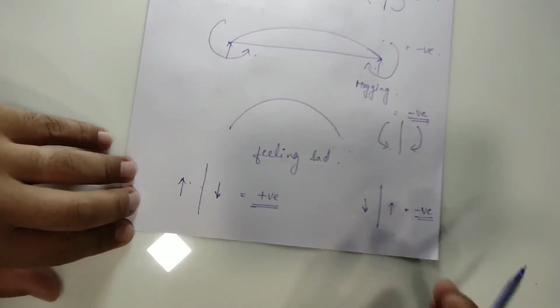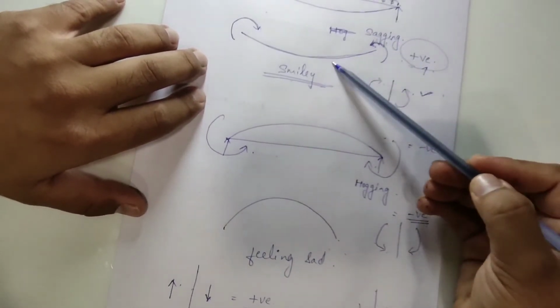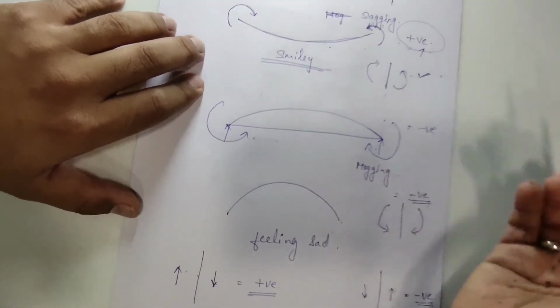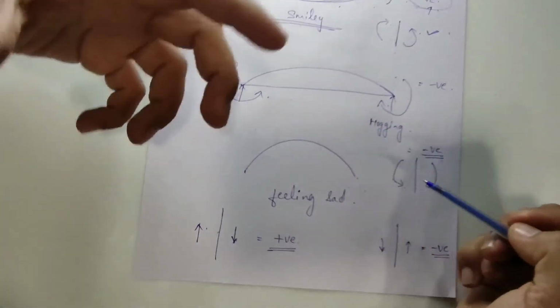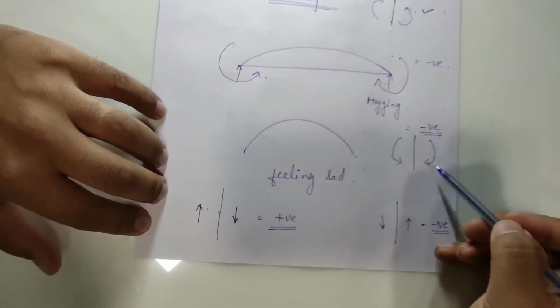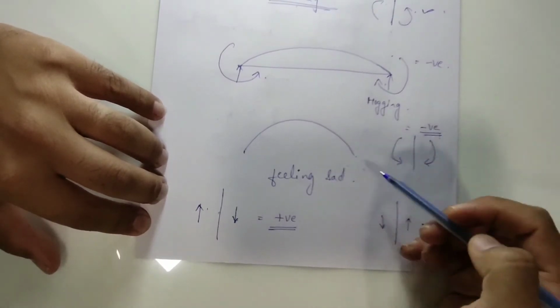So you just have to remember only this thing: sagging is a positive moment, and on the right hand side it is anti-clockwise, and from the left hand side it is clockwise, and hogging is a negative moment, meaning feeling like our sad smiley, which is created by applying the clockwise moment from the right hand side and anti-clockwise moment from the left hand side.